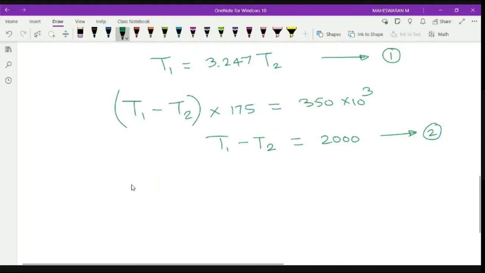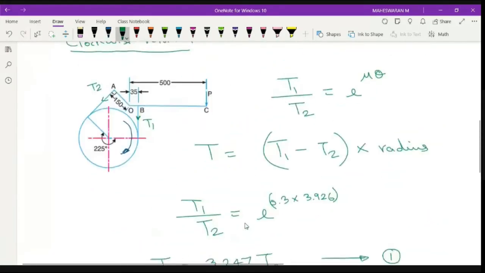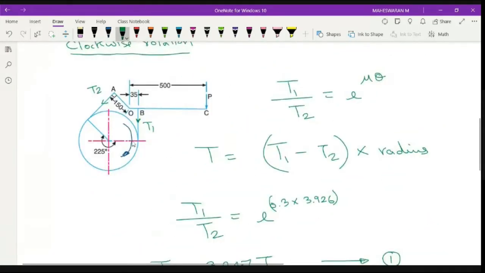Solving 1 and 2, what are you getting? What is your T1 and what is your T2? T2 is 890 Newton. What about T1? That is 2000 plus 890, so now I identify these two values, T1 and T2. This is common even when it is rotating in anti-clockwise direction.